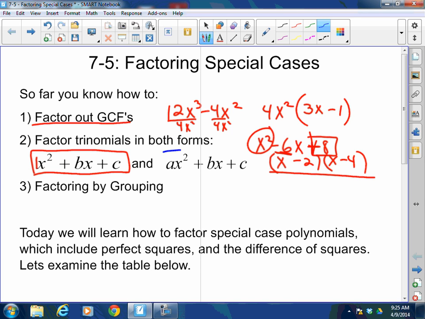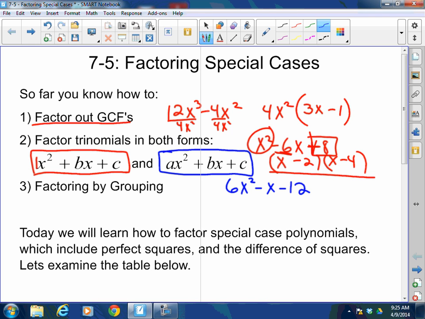If we're given a trinomial with an a other than 1, when a is anything but 1, a 5 or a negative 5 or a 10 or a 12 or a 6, we have a different type of procedure. It's very similar. For example, let's say we have 6x squared minus x minus 12.